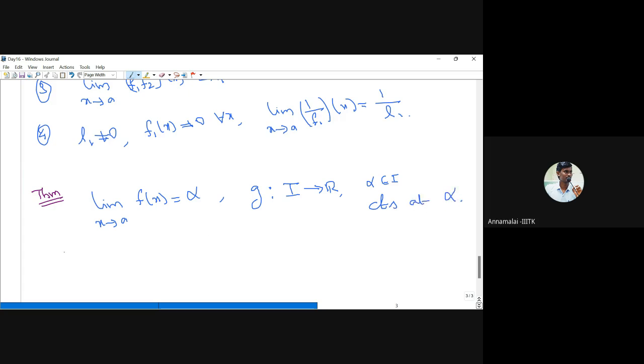Then the limit as x goes to a of g composed with f at x exists, and its limit is g of alpha.